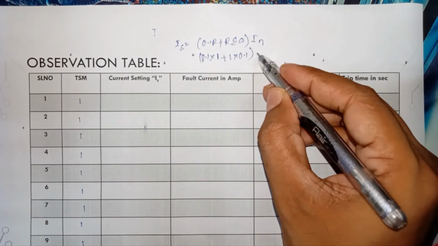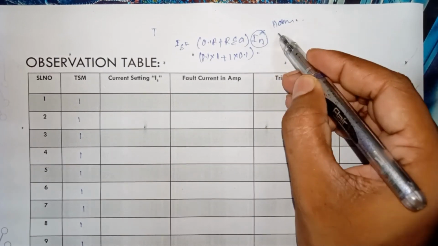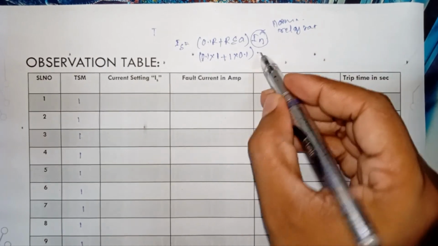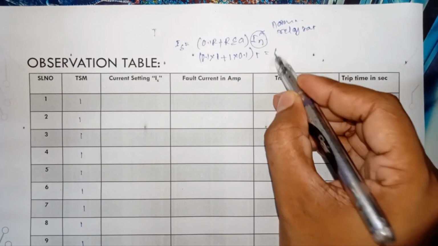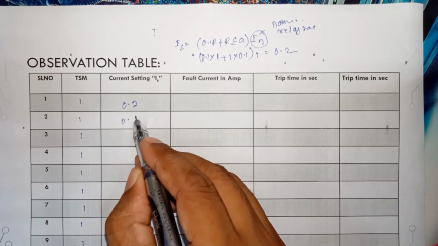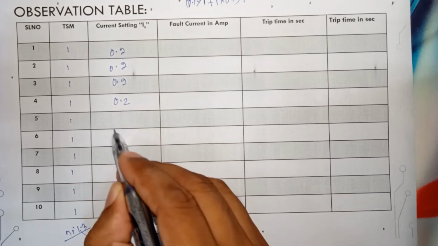Overall, IN is the normal operating current, which we can also call the relay rating. So into 1, this is becoming 0.2. So 0.2 is our IS. So IS is 0.2.